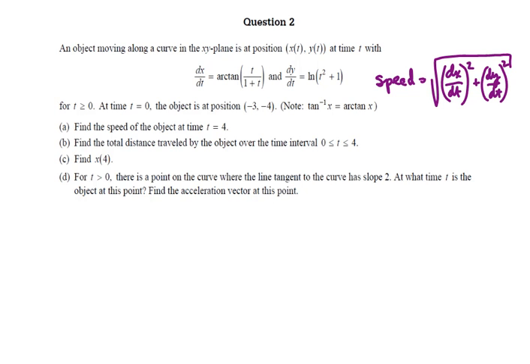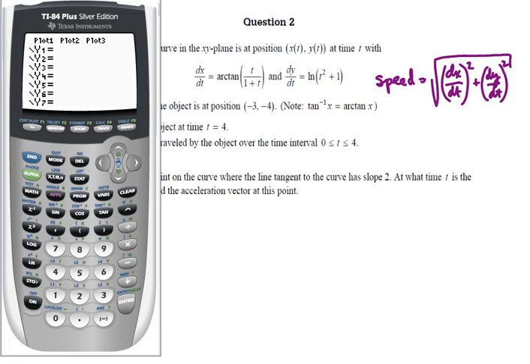And so this is a calculator problem, so I'm going to set up the calculator with these derivatives and calculate the speed. And once again, even though we're working with parametrics, we're still going to use the calculator in function mode as opposed to being in parametrics mode, because it's just easier to calculate the things that we need here.